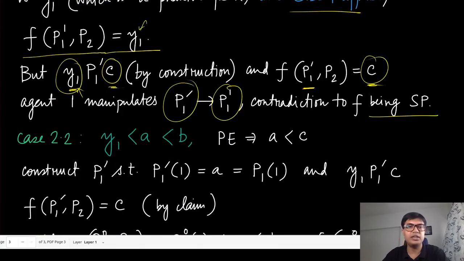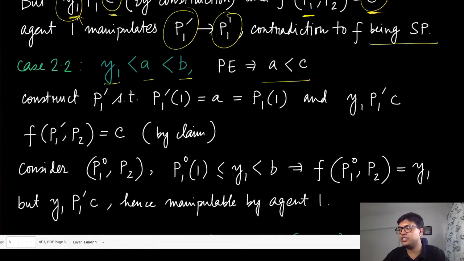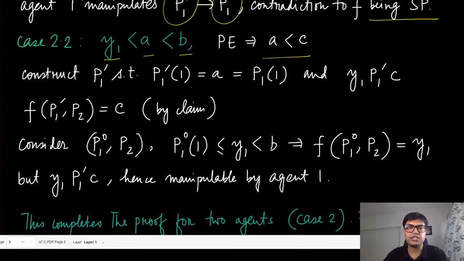A very similar complementary analysis you can do when Y1 is less than A less than B. Pareto efficiency will imply that C should be between A and B, and you can just replicate the same arguments, the same proof. I skip that for you to observe and redo.